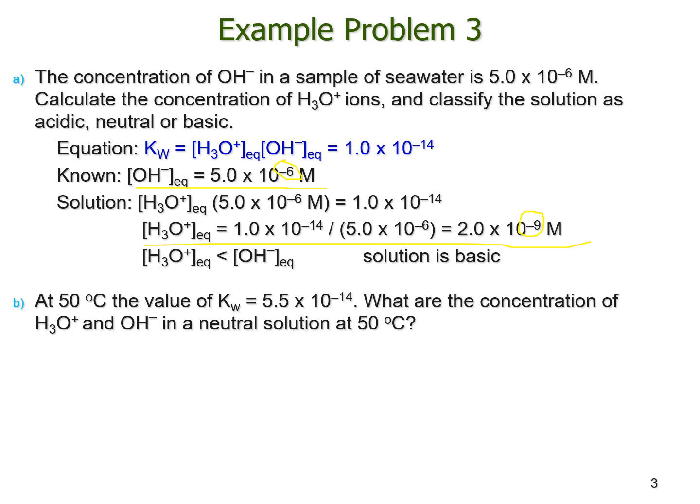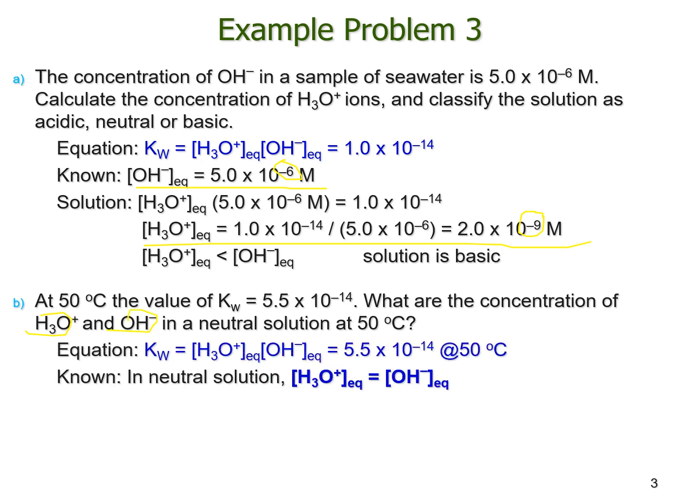Again, as we see, both species are mentioned in the same question, meaning what? Kw, of course. And another thing that we know from this question is a neutral solution. Neutral solution means these two must have the same concentration.